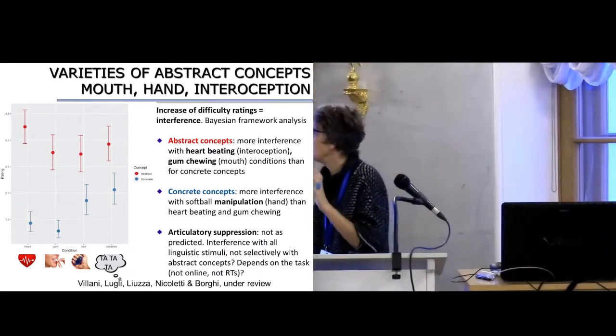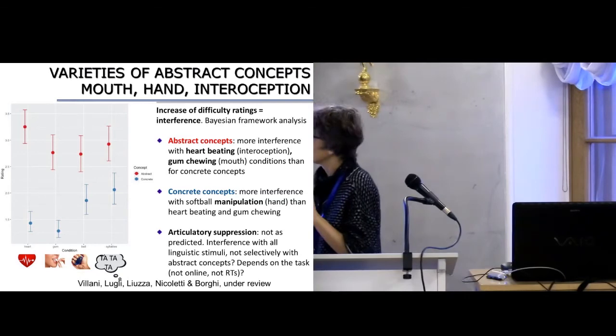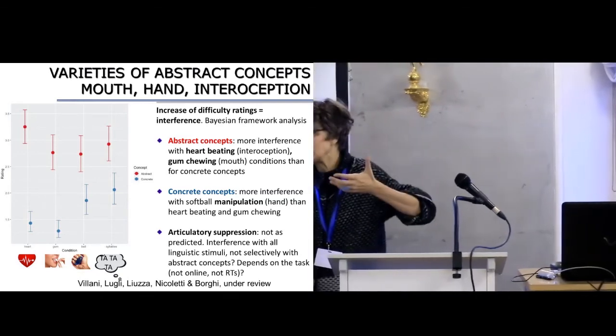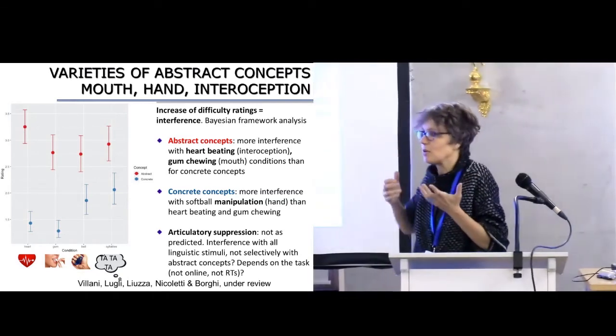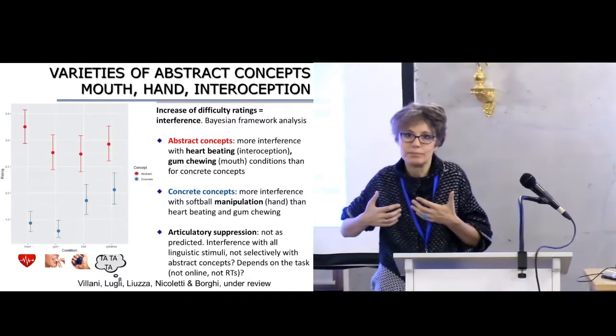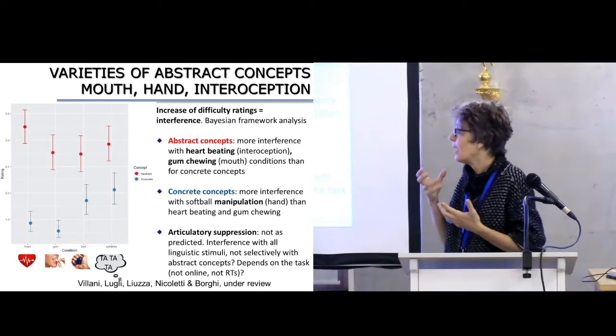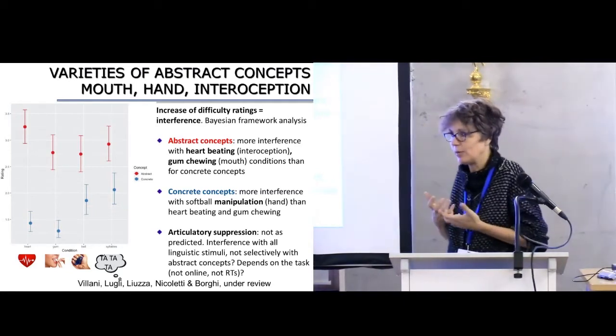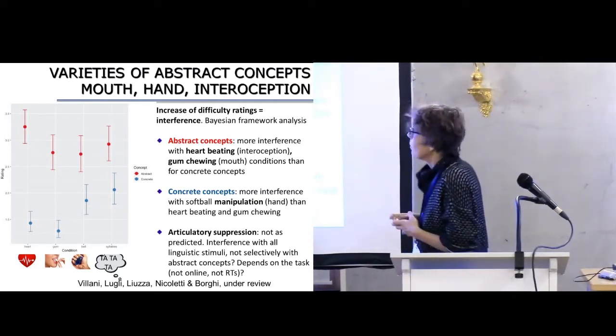Just to clarify, we intend the increase of difficulty ratings as a sort of interference. So I evaluate a word as more difficult if that particular condition has interfered with my experience. And what did we find?